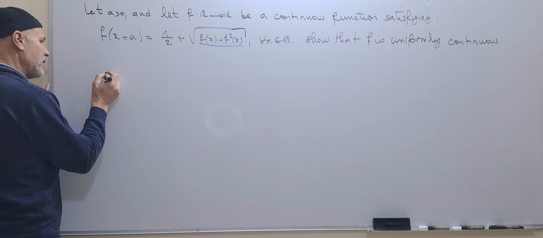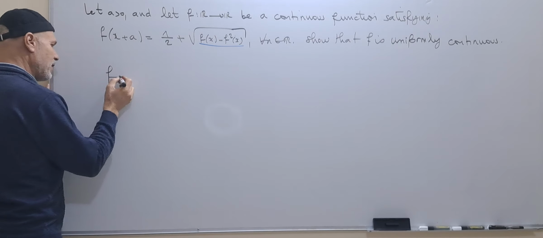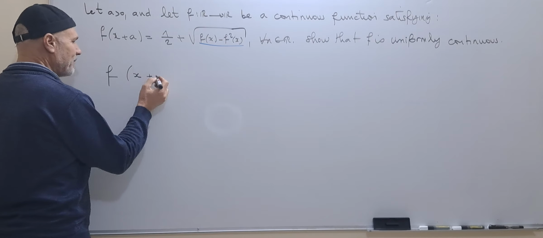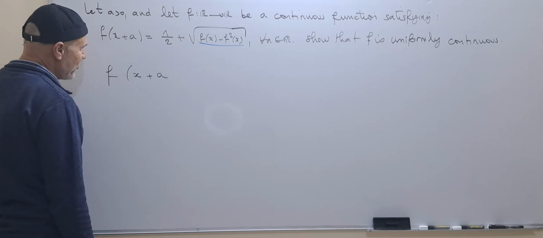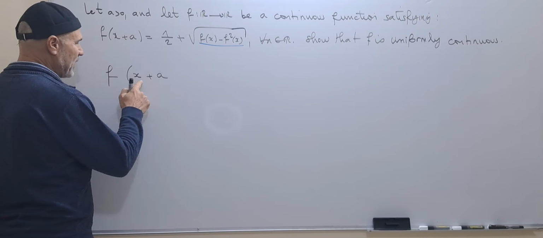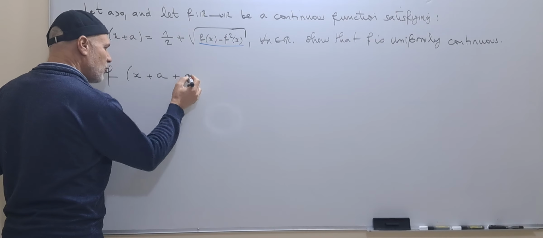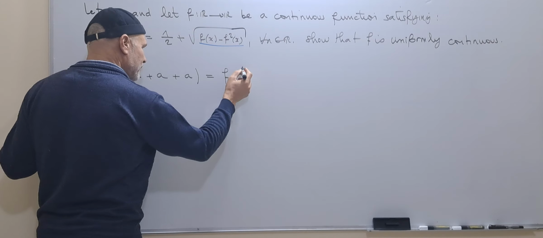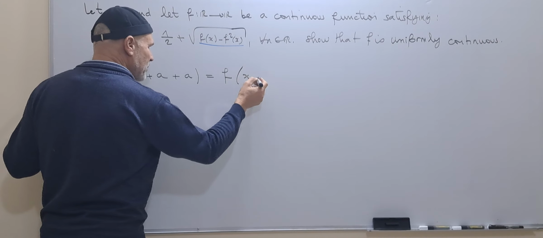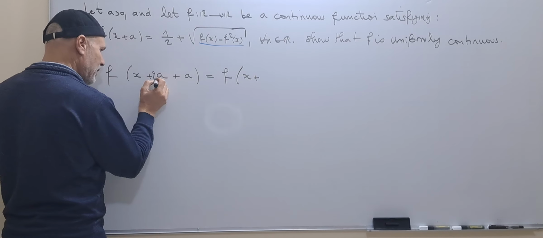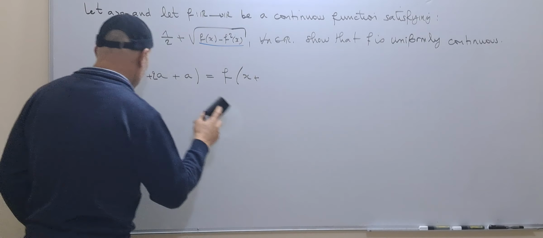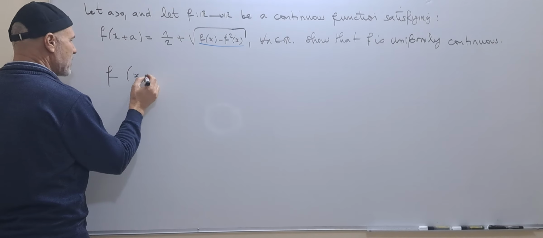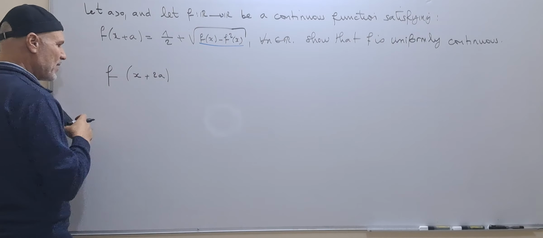The first way is to calculate, trying in particular situations. f of x plus, we add once again a. So this is equal to f of x plus 2a, a is positive.